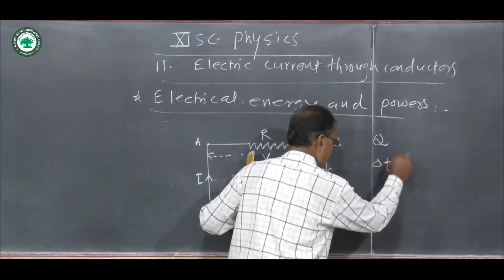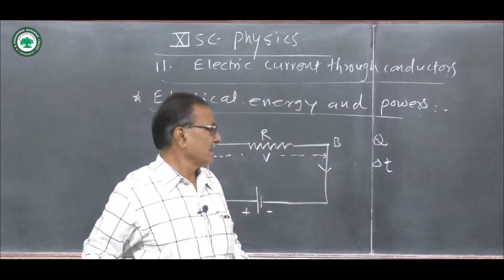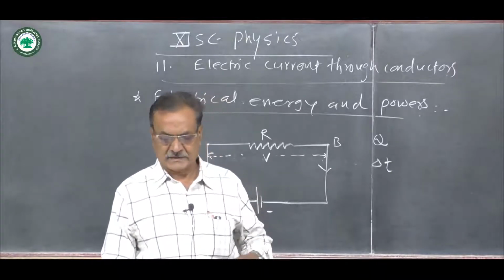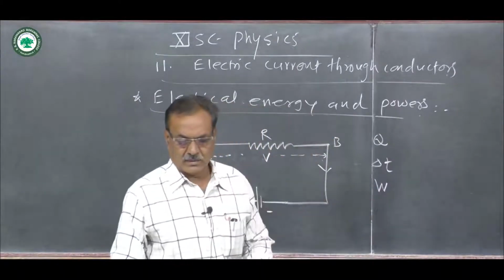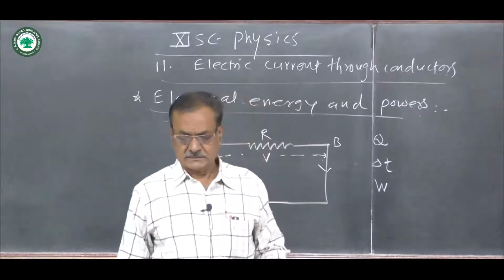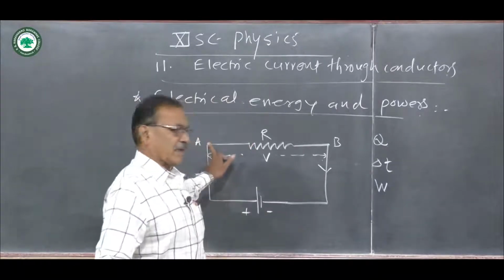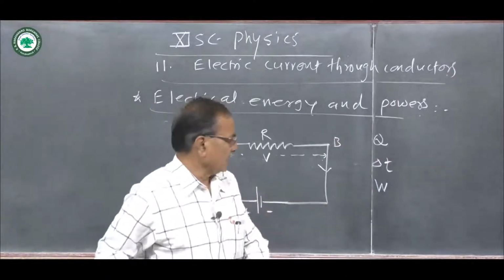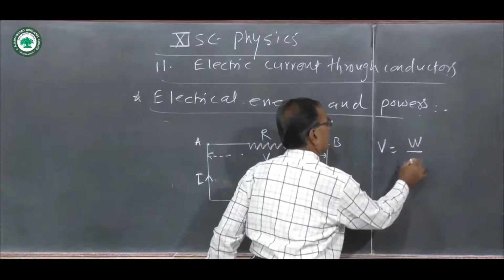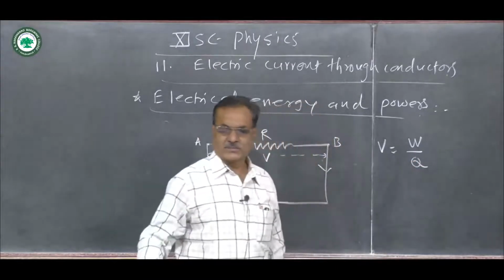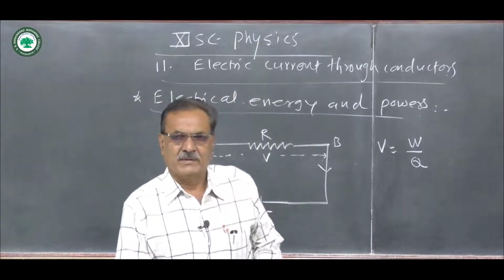In time delta t, the potential difference between the 2 points A and B is equal to the work done W to carry a unit positive charge from point A to point B. It is given by the relation: potential phi is equal to work done W by charge Q. That is, the potential is nothing but work done per unit positive charge.